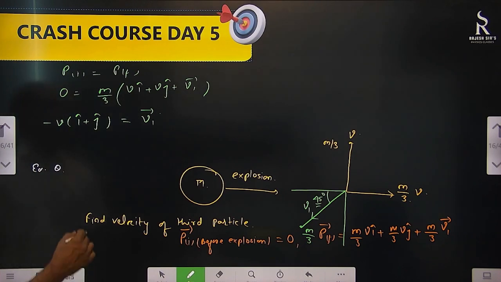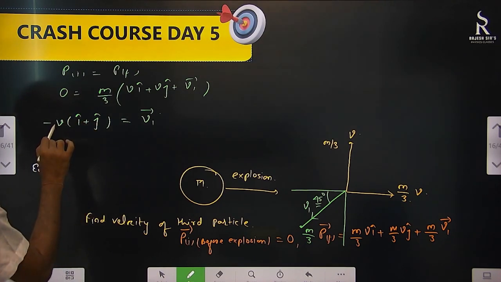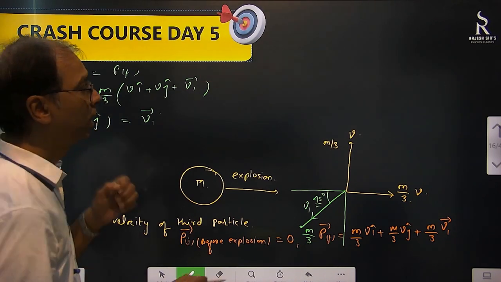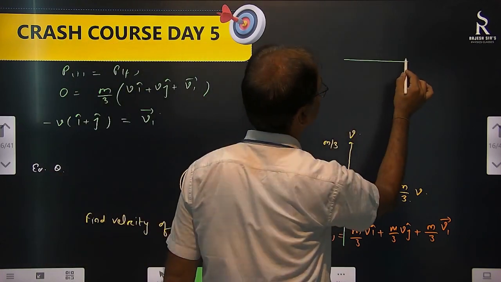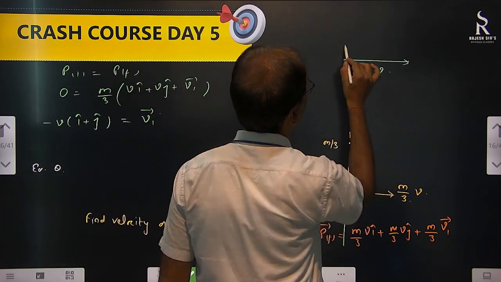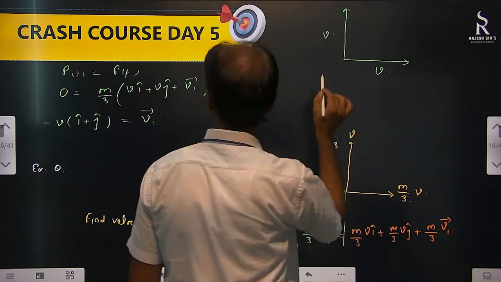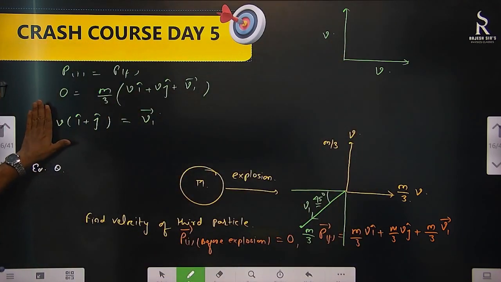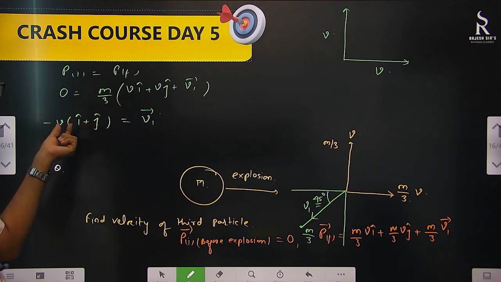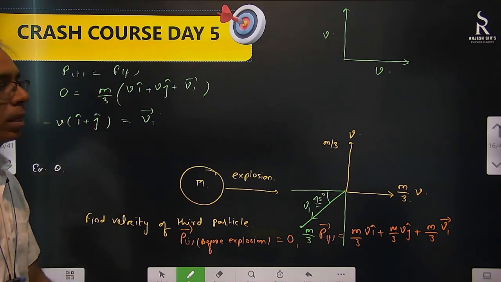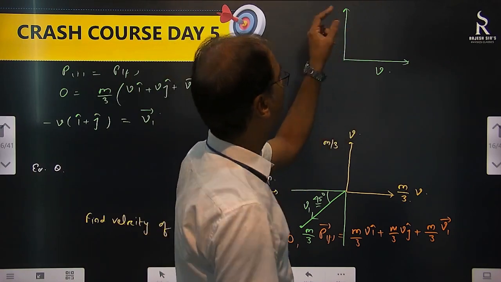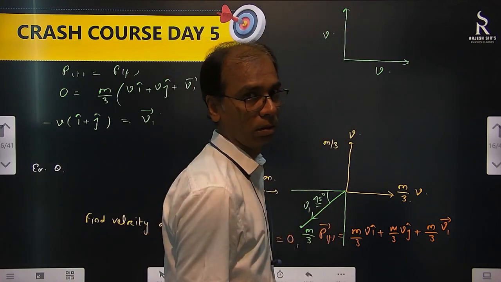See now how to find its magnitude. Along the x-axis its value is v, and along the y-axis its value is v. Forget about the negative at the moment and concentrate only on v i plus v j. So what is the resultant?